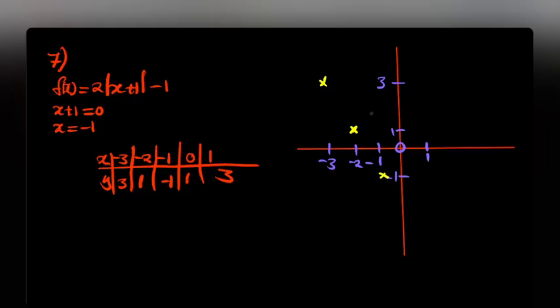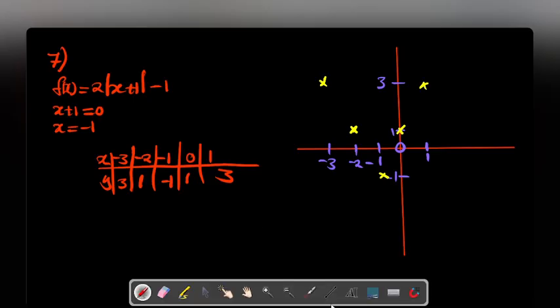Then again 0, 1 goes up, then 1, 3, so our graph would be like this. So this is what we have.